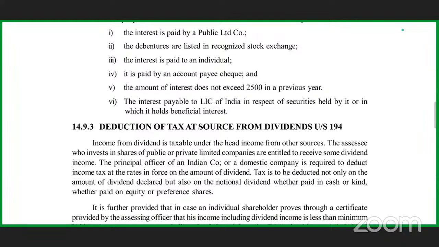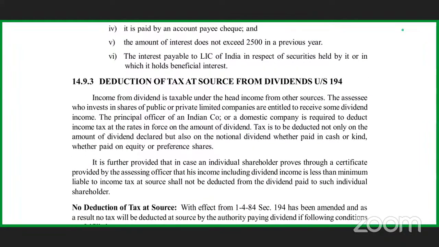Deduction of tax at source from dividends means, for example, as an assessee, you might have invested in some company, purchased some shares, and you are receiving dividend. Whatever dividend you receive will come under income from other sources, whether it is a private sector or public sector company. Before paying the dividend to you, the tax will be deducted.